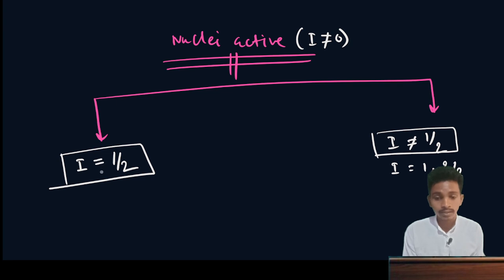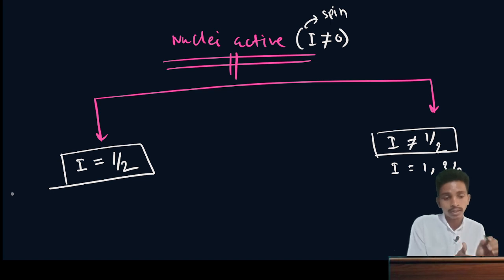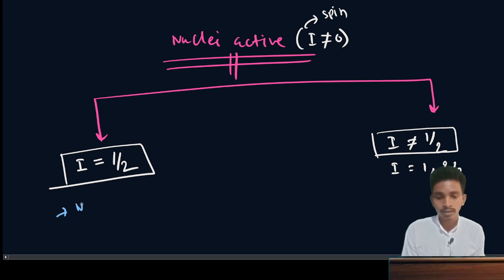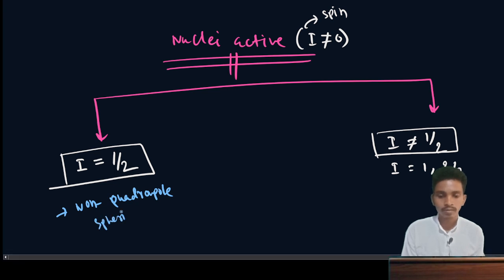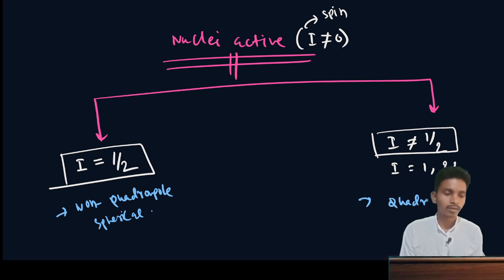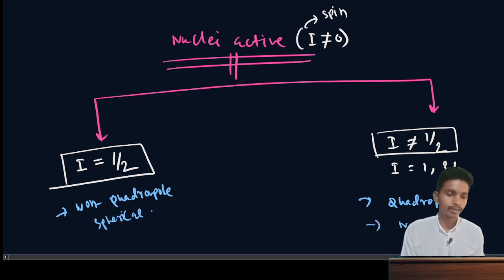One is I equal to half, which we can say is non-quadrupolar, or spherical, and the other is I not equal to half, which is quadrupolar, or non-spherical.